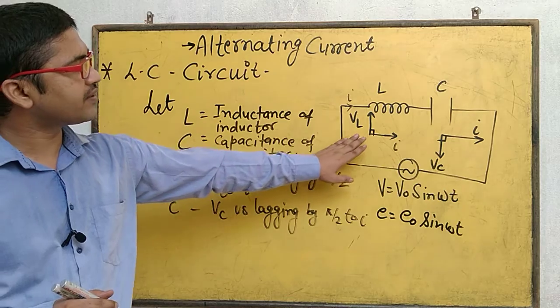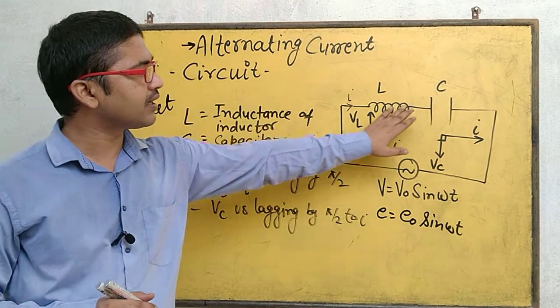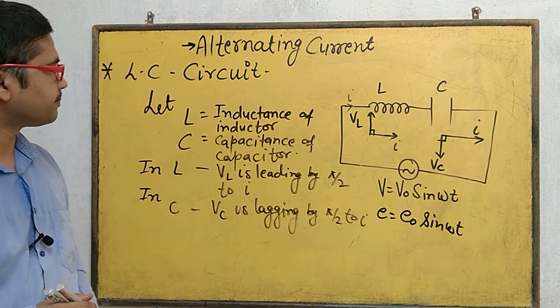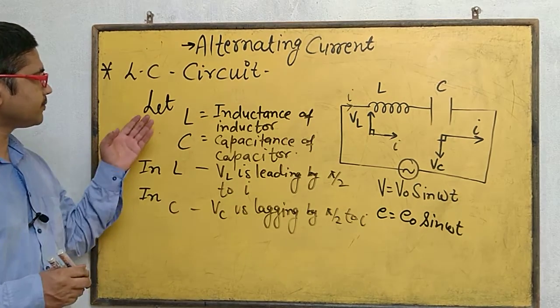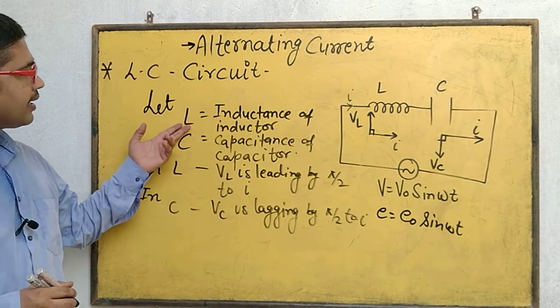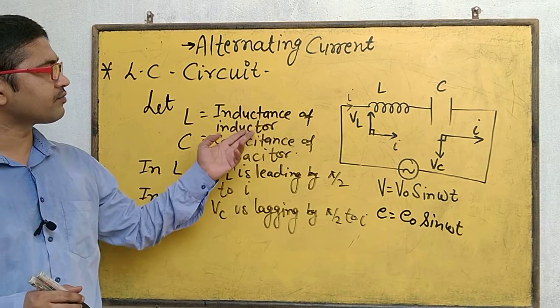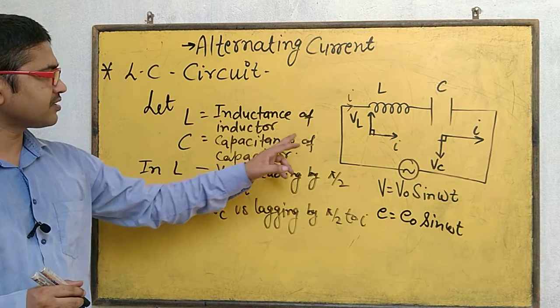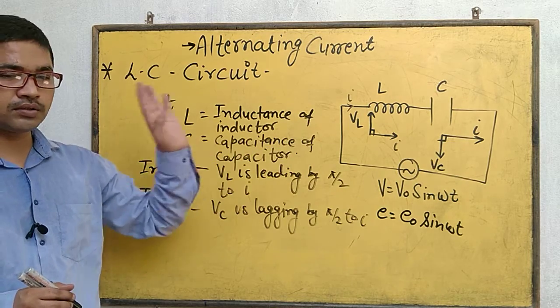Okay, so you can see the phasor diagram for this inductor and this capacitor presented in this figure. L is the inductance of the inductor which is used in this circuit. C is the capacitance of the capacitor which is used in this circuit.